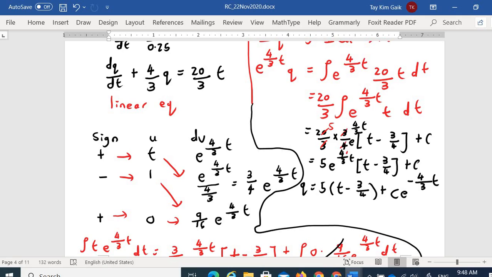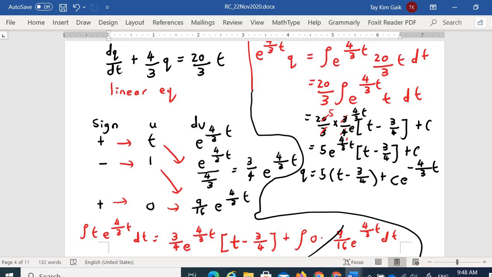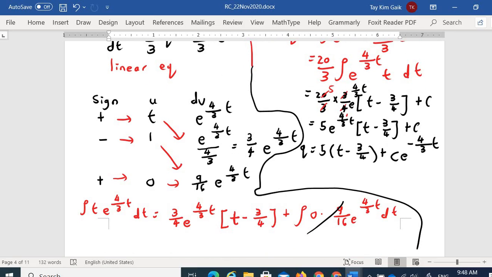So if you have a polynomial, you differentiate until 0. The result of the integral follows the slanting arrow. The horizontal arrow carries the integral symbol. Here, positive integral, plus positive integral 0 times this one is 0.